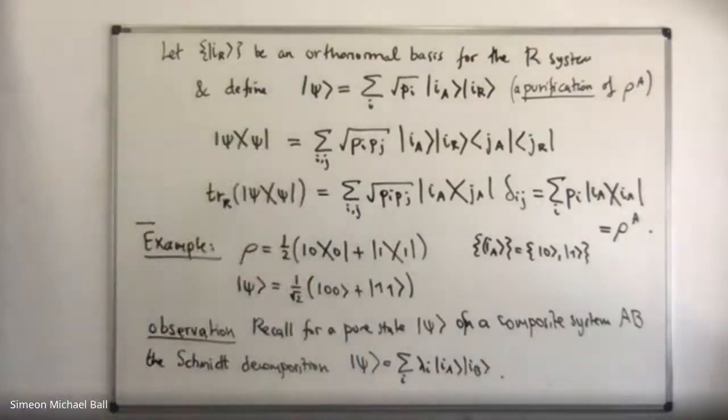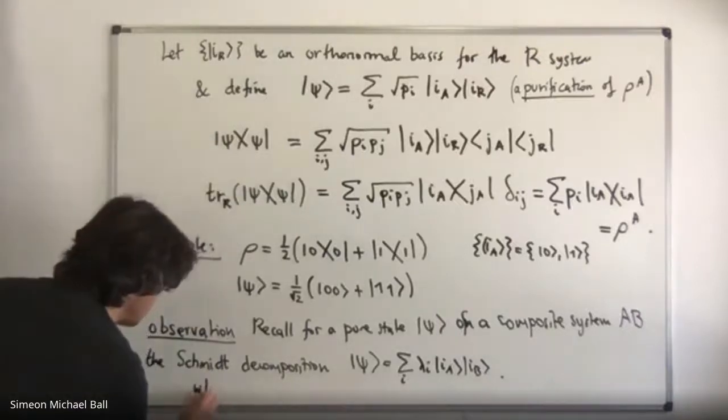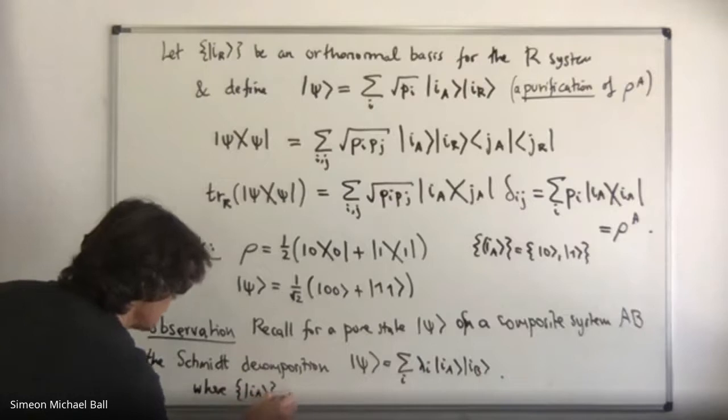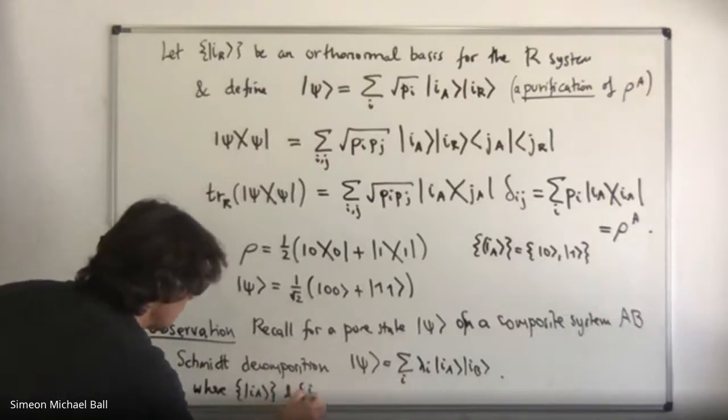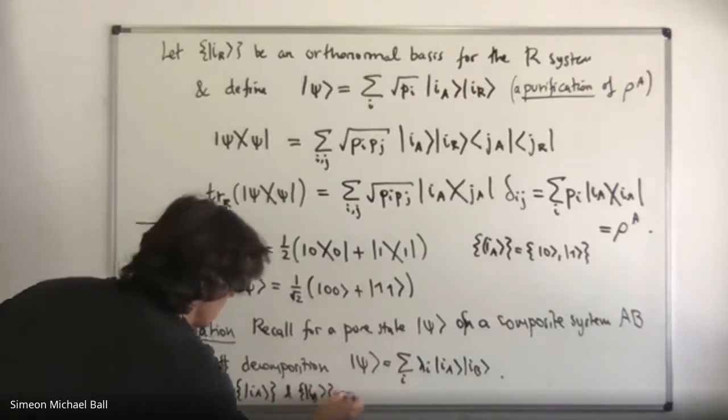So we could find these orthonormal bases where the |i_A> and |i_B> are orthonormal bases.